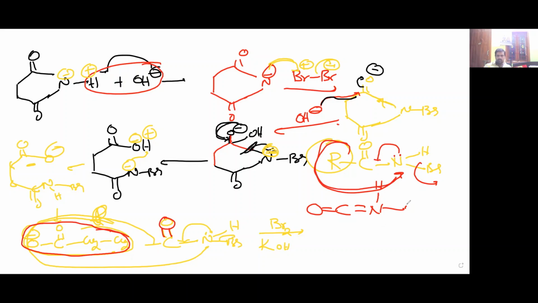R group means CH2, CH2, COO minus. Obviously, this is on hydrolysis. What will happen? The nitrogen with 4 bonds is unstable. So H plus is eliminated. Then you are getting the isocyanate formation. Hydrogens are added like this. Then this is our final product. So this is very easy, the application and mechanism of this one. Okay. So thank you, students.